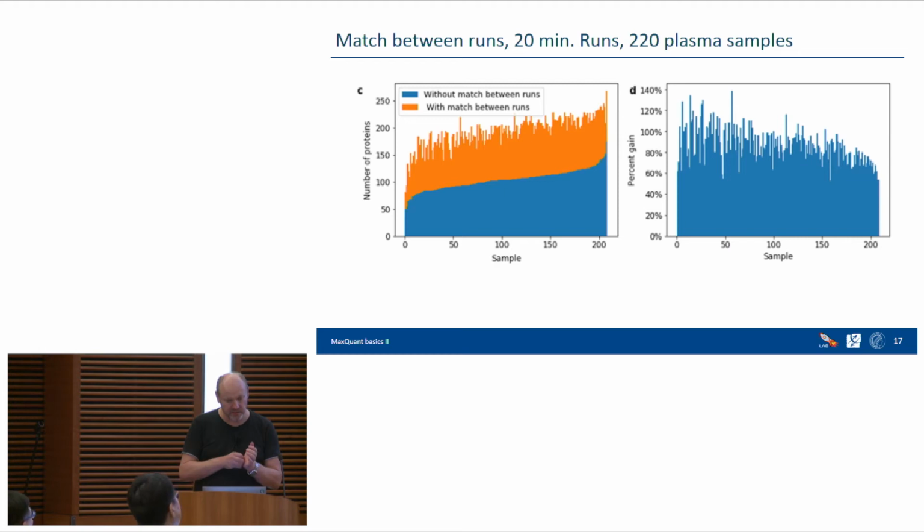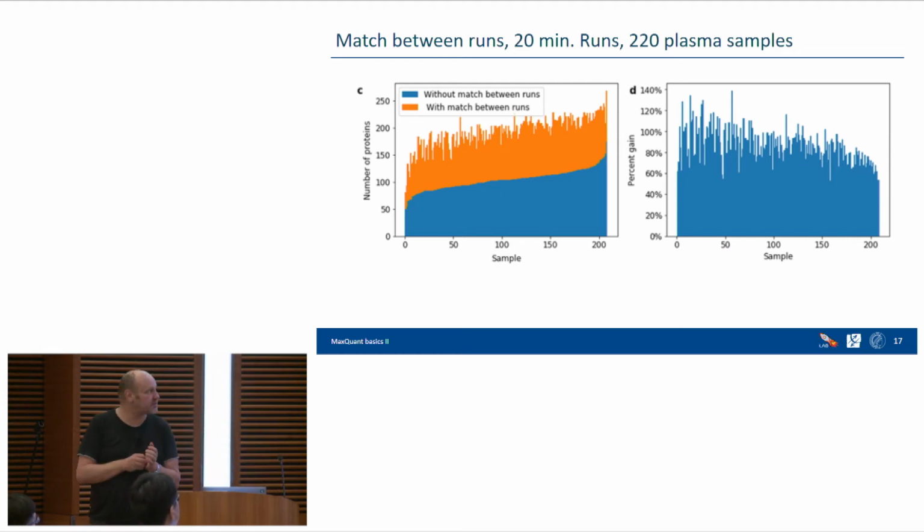Now it's 20-minute plasma sample runs, and it's 220 of these. And this is just, again, the increase of proteins that you can quantify in each of the samples. The numbers in blue are without match between runs, and they're sorted by this number.